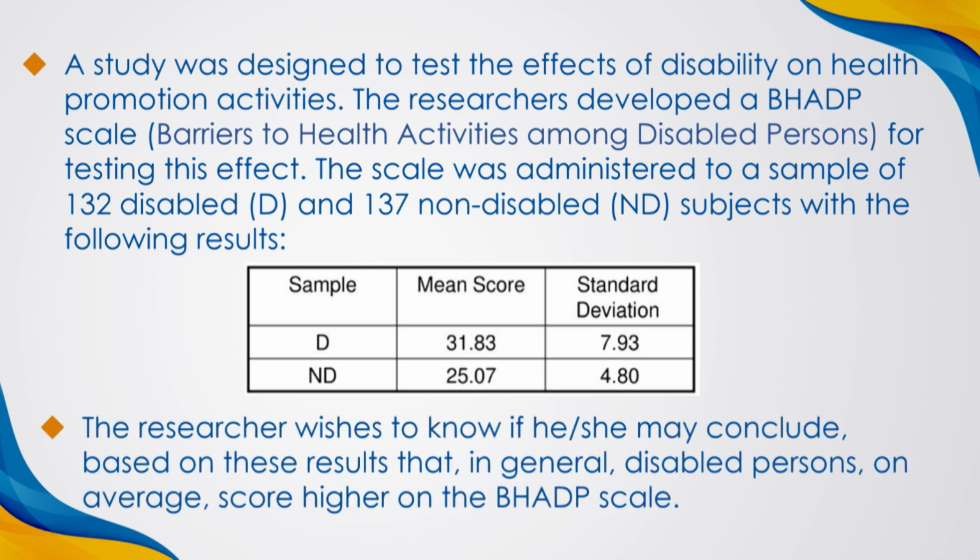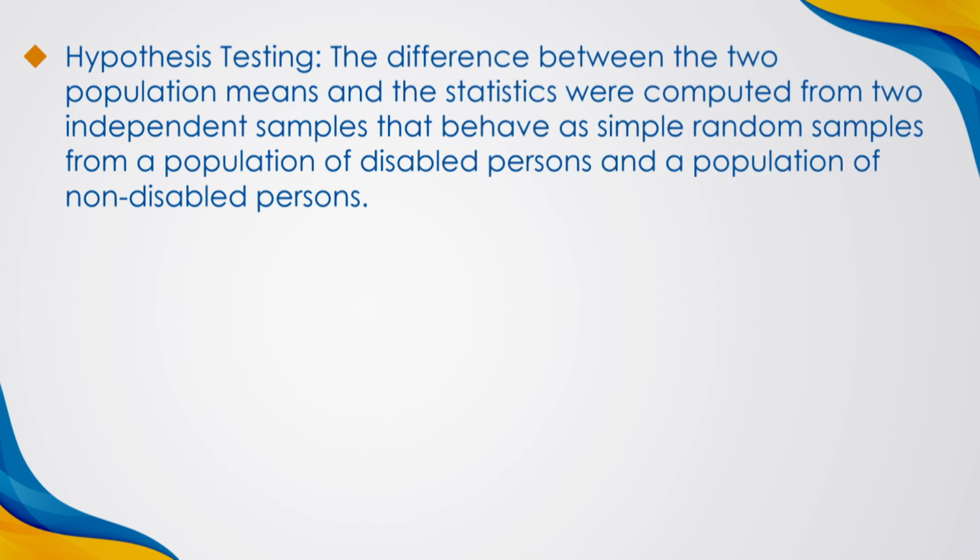The researcher wishes to know if he or she may conclude based on these results that in general disabled persons on average score higher on the BHADP scale. Hypothesis testing for this problem.